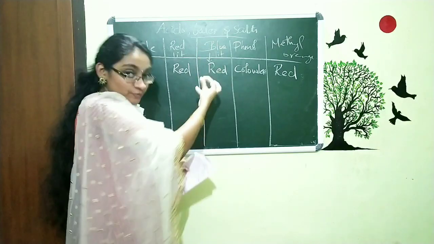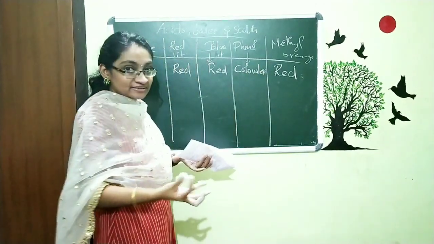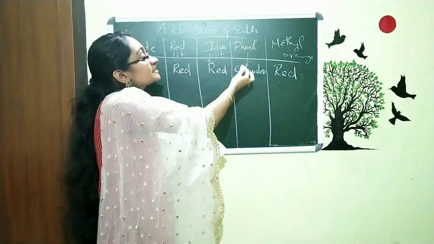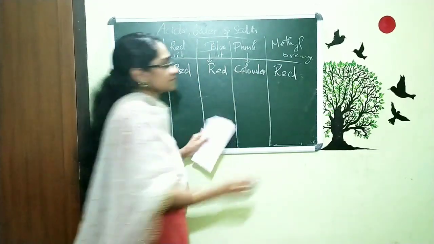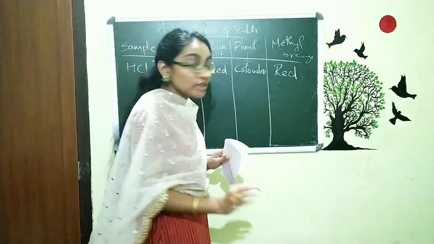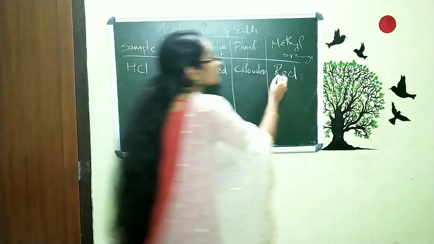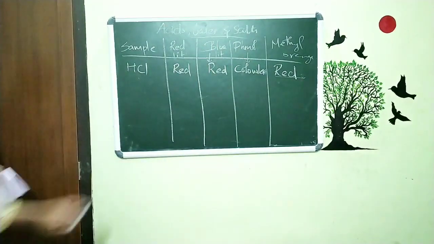Phenolphthalein remains colorless; at first it is colorless, and when it reacts with the acid, the color has no change. And methyl orange is generally yellow, and when it reacts with the acid, the color turns to red. So this is for acid.